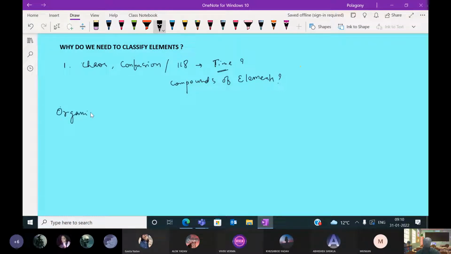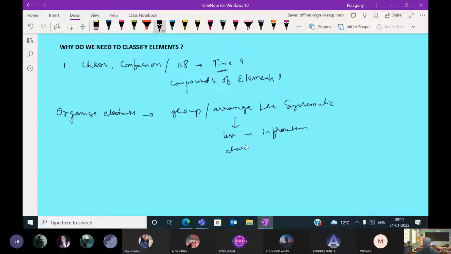We need to group the elements and arrange them in a systematic manner so that our study becomes easy, and in less time we get more information about the elements and also their compounds.